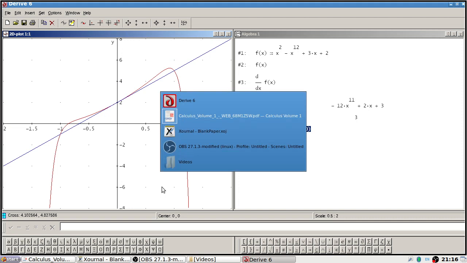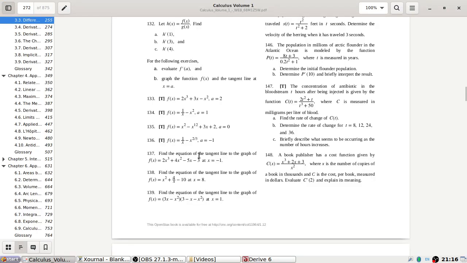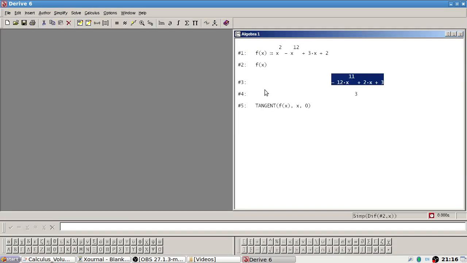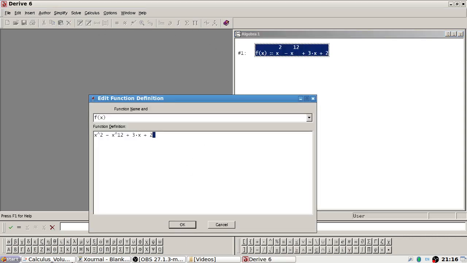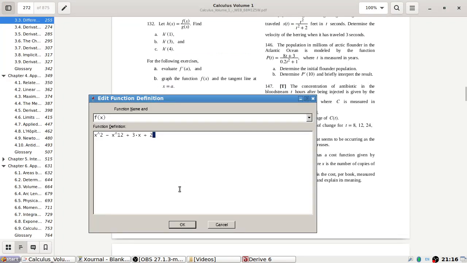Okay, good. And the last one of these four. One over x minus x to the power 2/3.